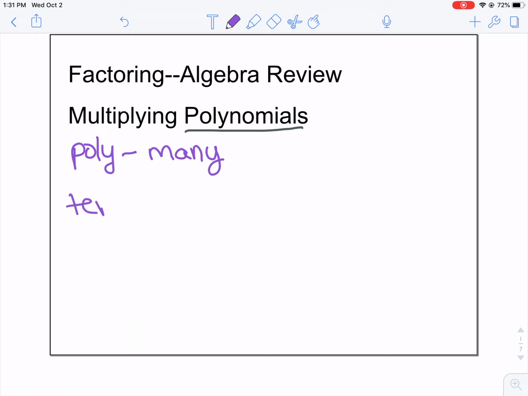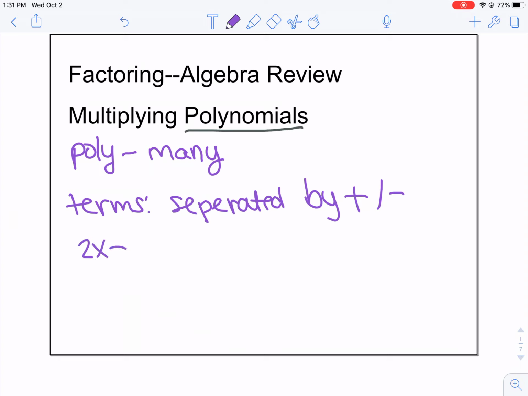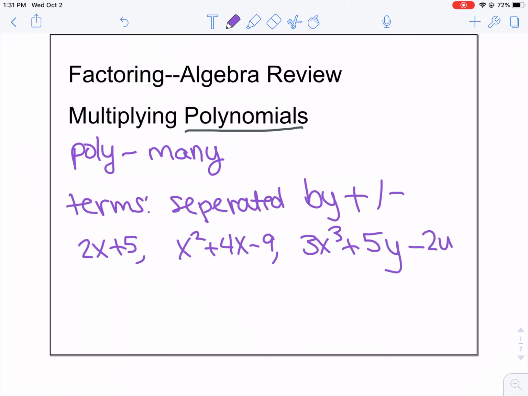Terms are separated by addition or subtraction, like 2x plus 5, x squared plus 4x minus 9, 3x cubed plus 5y minus 2w plus 10. Those are all what we call polynomials.